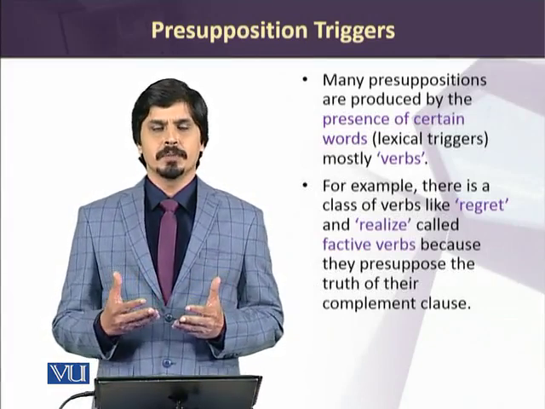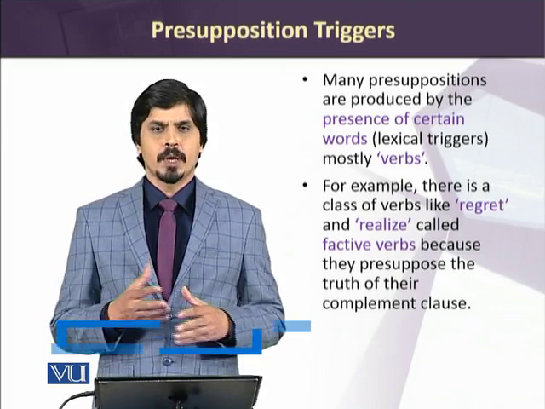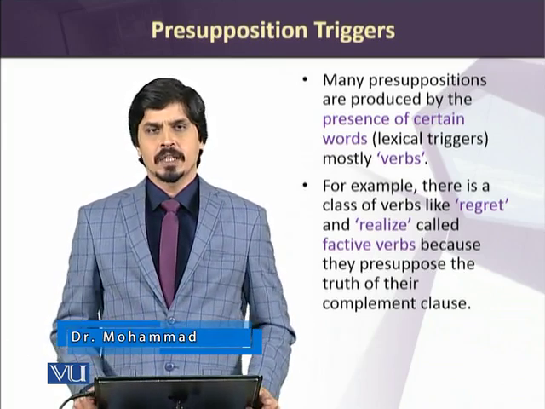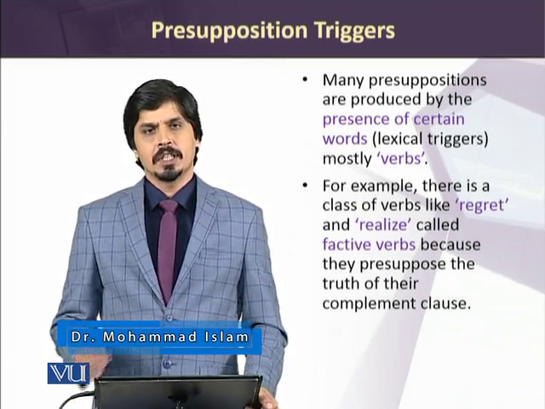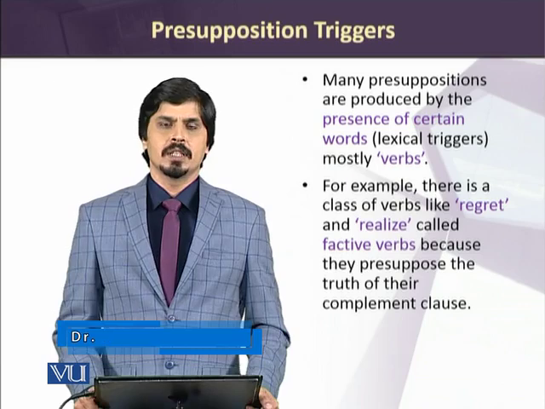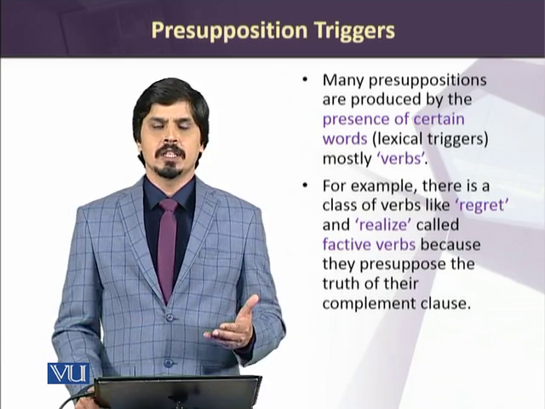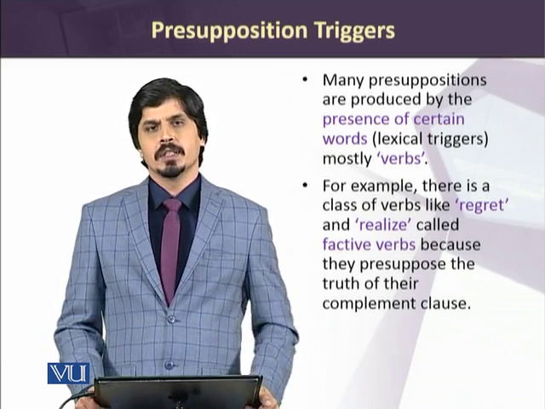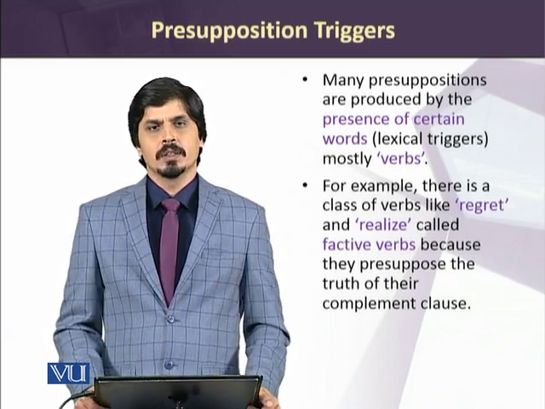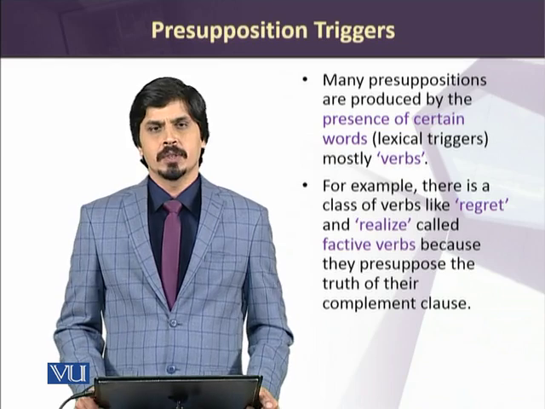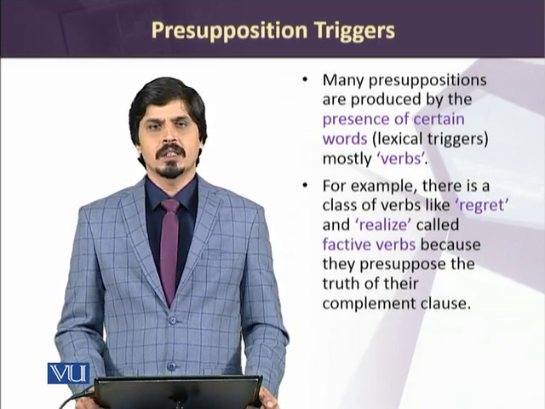They produce certain meanings. In this regard, one of the popular categories is that of factive verbs, which represent certain states, and the information following these factive verbs is assumed to be true. Popular examples of these factive verbs are words like regret and realize.